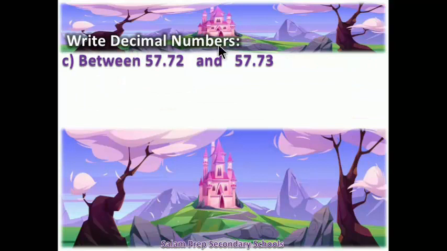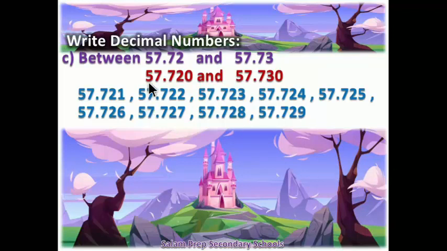Write decimal numbers between 57.72 and 57.73. To solve this problem, we need to put 0 in the decimal numbers, 57.720 and 57.730. Now we need to write decimal numbers between them.